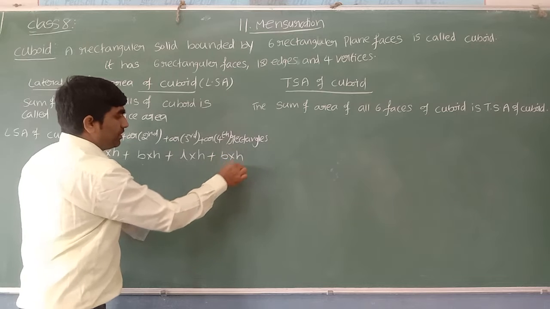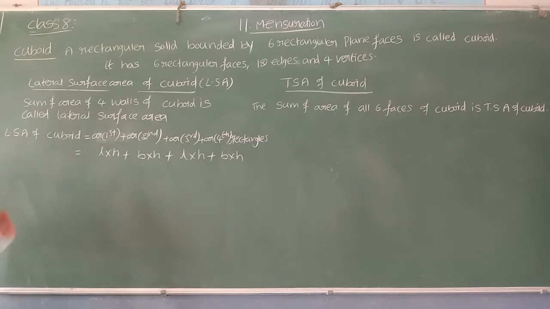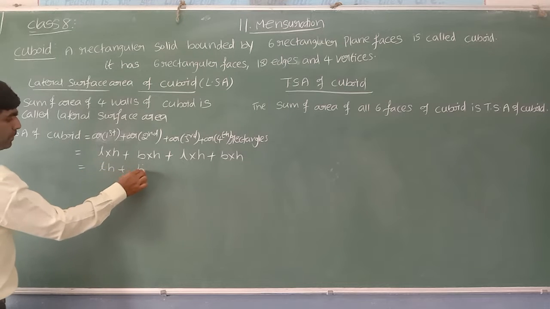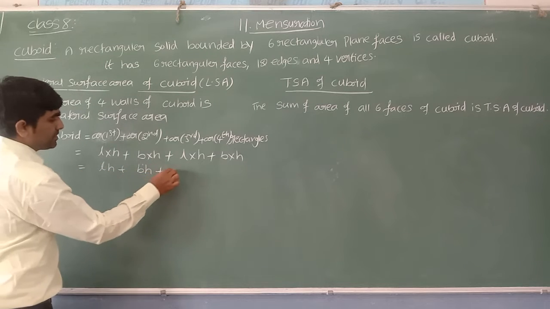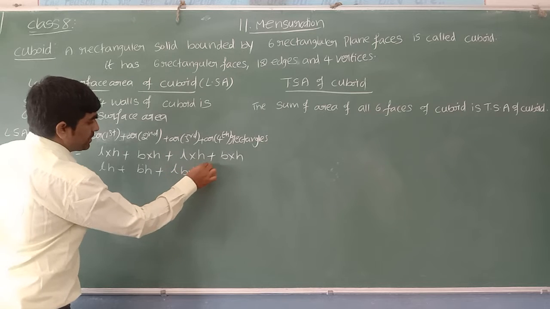The sum of all these gives us the LSA of a cuboid. LH plus BH plus LH plus BH.